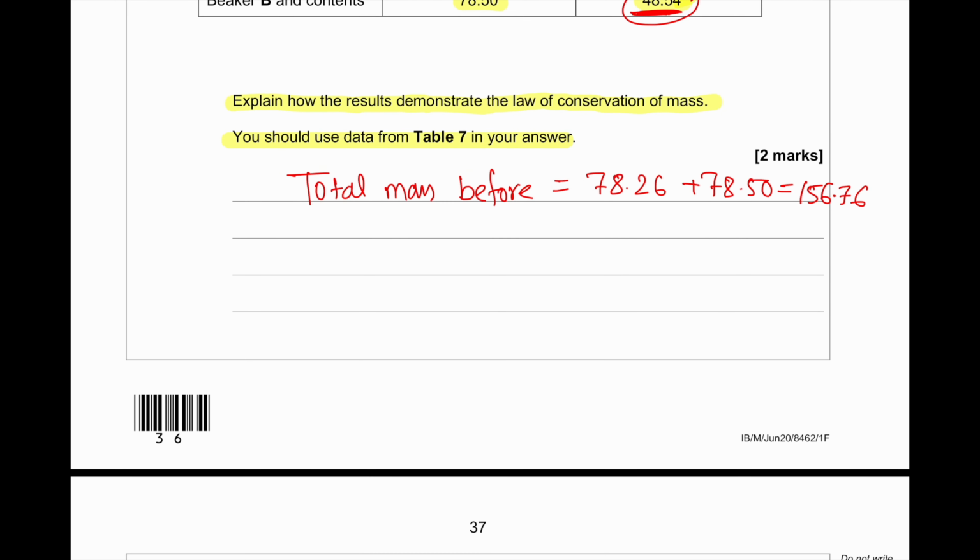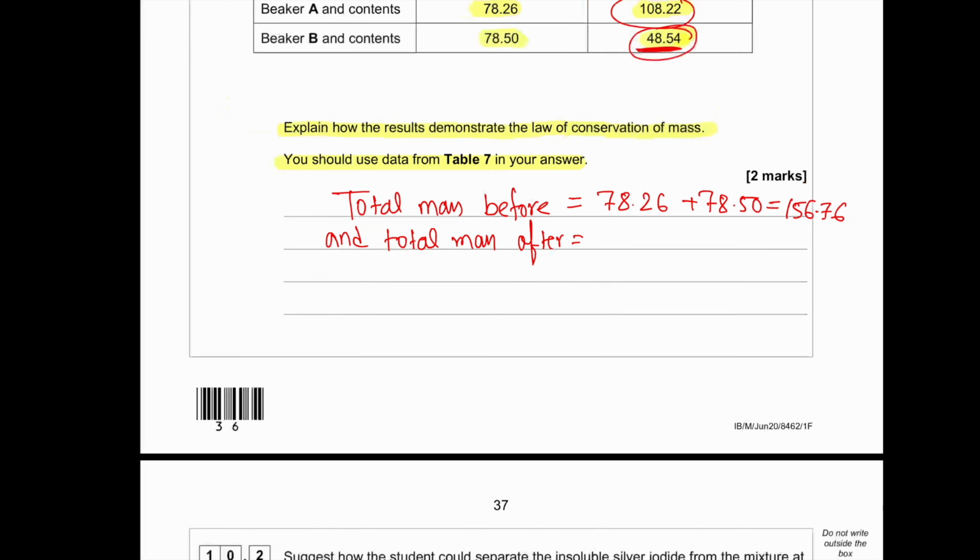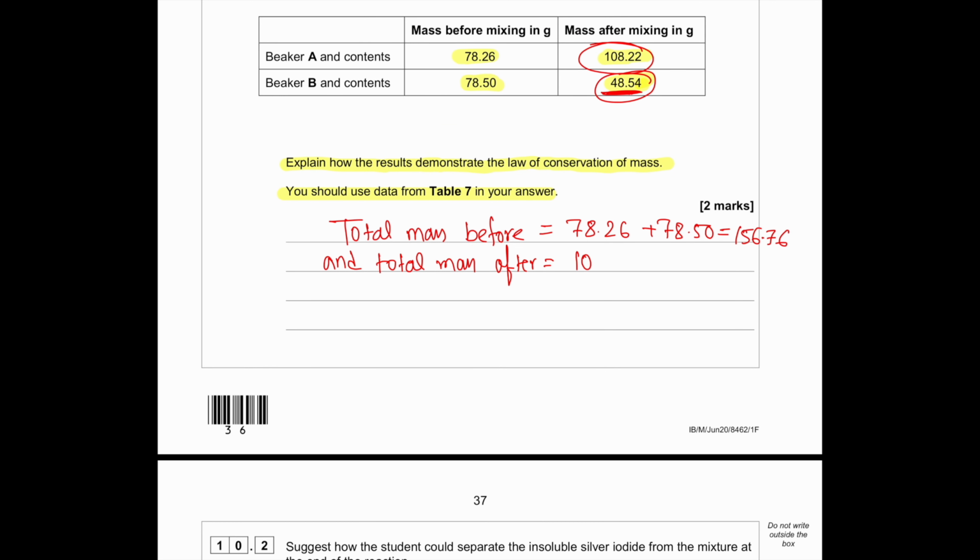And then total mass after: 108.22 plus 48.54. Again, this equals 156.76.